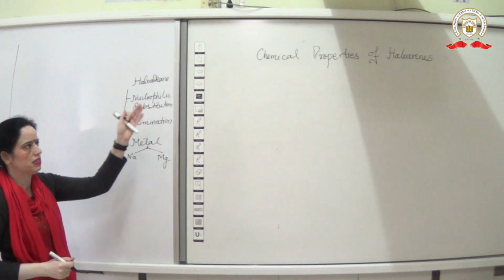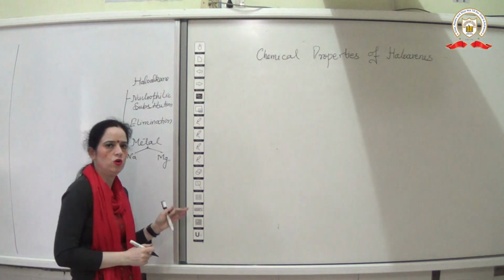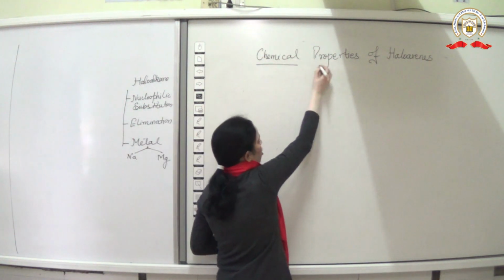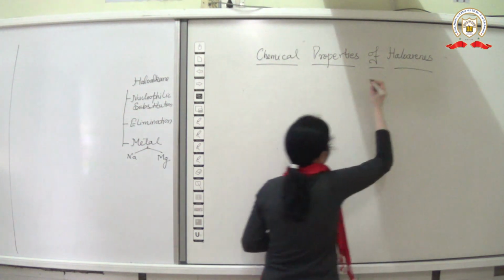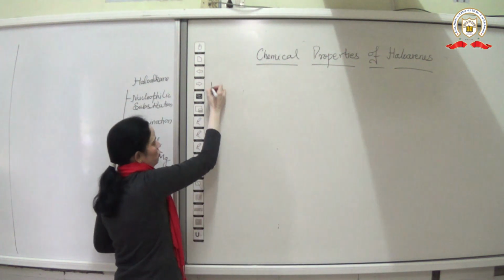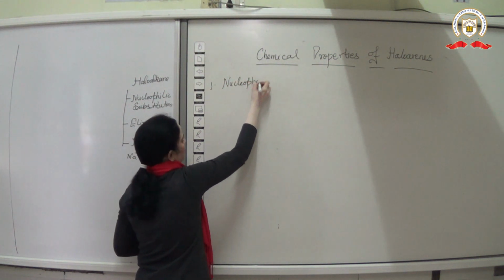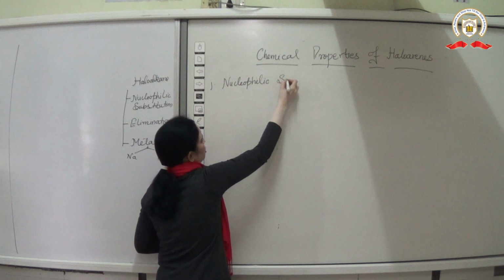Now let us do the same in case of haloarenes. The first property was already explained to you in the previous lecture, but have a slight look at it. The first is nucleophilic substitution.